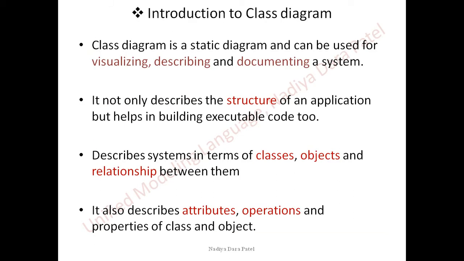So as the name suggests, the class diagram is completely based on object-oriented programming concepts. We are computer students, so we are already familiar with what classes are, what objects are, what instances are, what the different types of classes are, what the relationships between them are, and what the different properties of object-oriented programming are, like encapsulation, data abstraction, inheritance or generalization and so on.